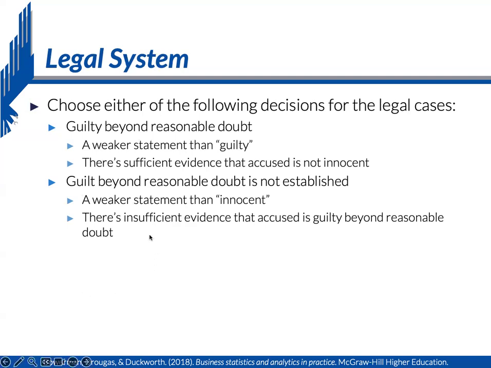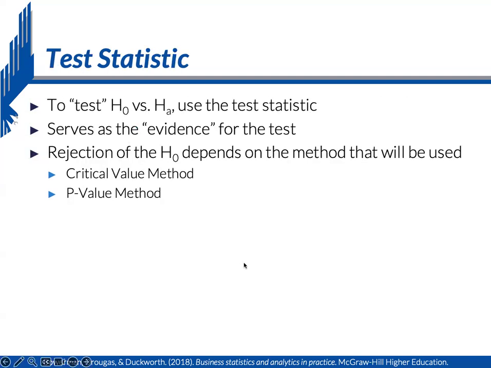Now, what is the basis for making the decision? We were saying earlier that our evaluation should tell us if the evidence is enough or not. In hypothesis testing, the basis is a test statistic. It's a computation. So a test statistic is a basis for making a decision regarding the null hypothesis. And this is the primary evidence for the hypothesis test.